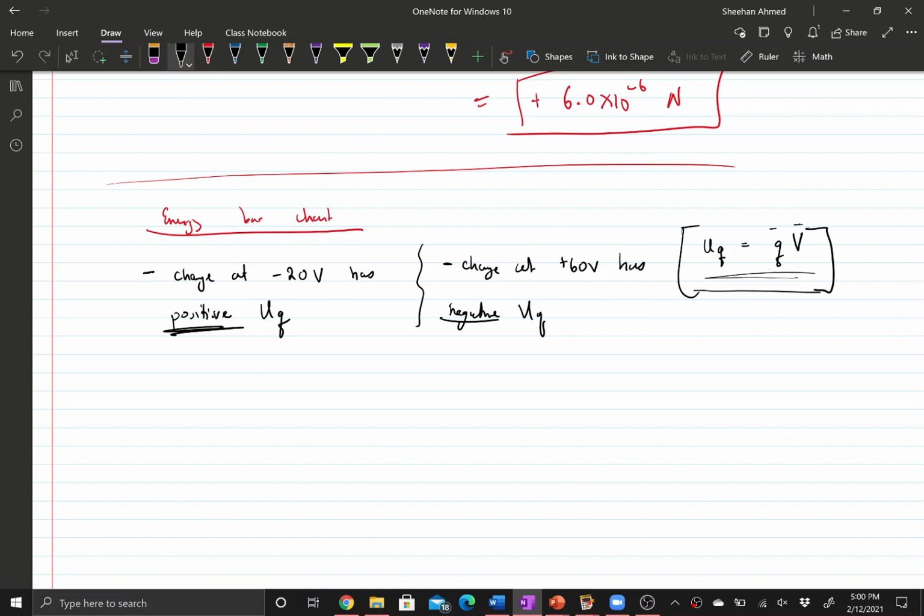And since no external work is being done on this system, the system being the minus 3 nanocoulomb plus the field, therefore, energy is, what's the word?